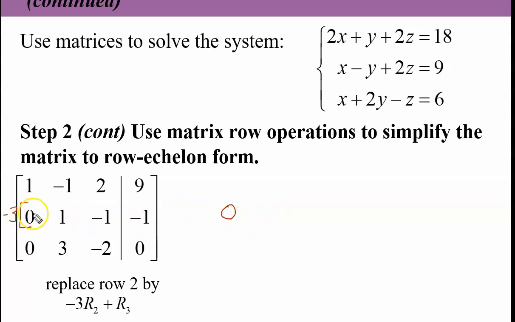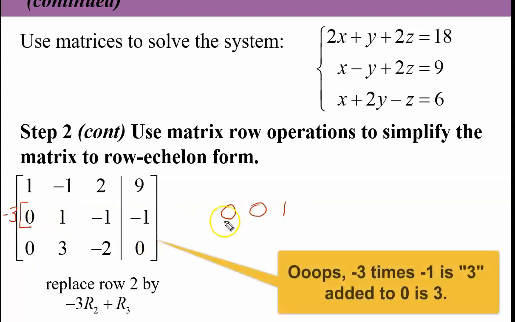This is going to be a negative 3 plus 3 gives this then a 0 as well. Now, negative 3 times negative 1 is a positive 3, plus a negative 2 leaves us with a 1. And then negative 3 times 0 is 0. So let's see what we end up with here. Clear this up.